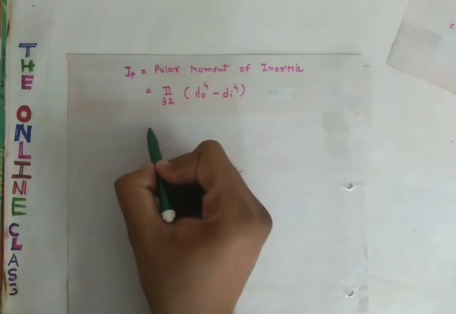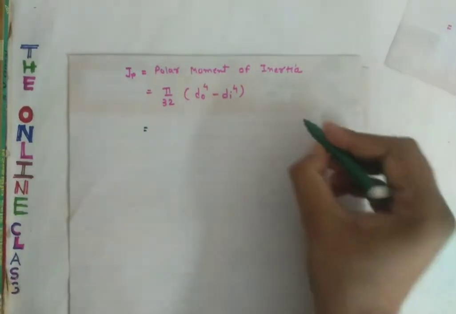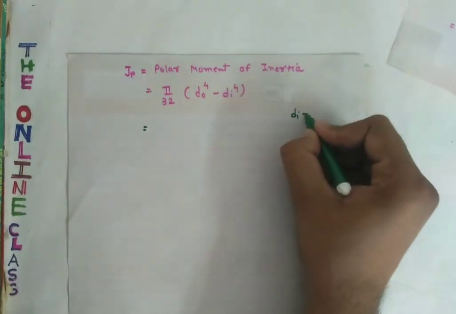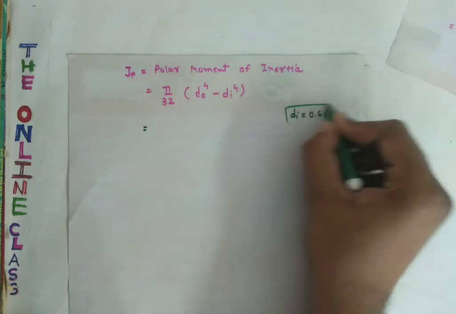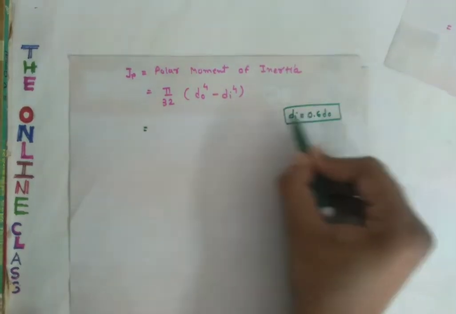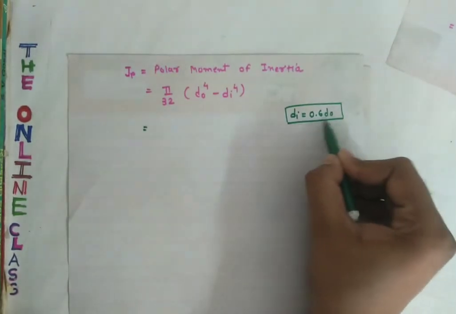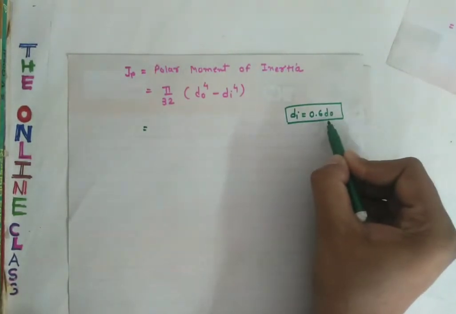We have DI is equal to 0.6 into DO, so substitute this DI value by 0.6 into DO.